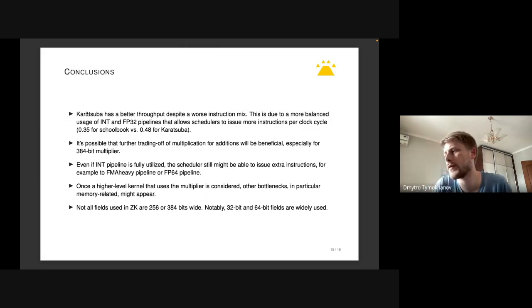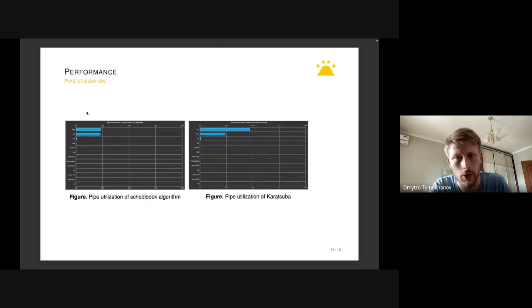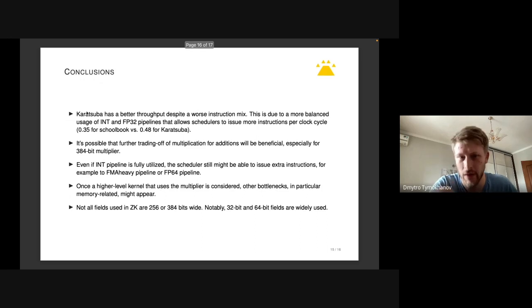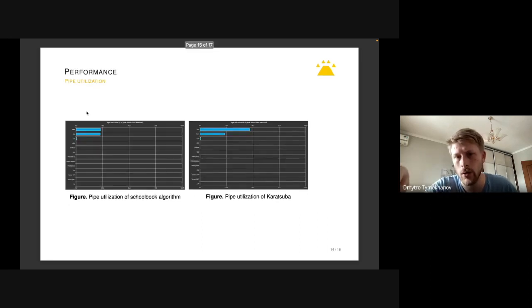So I would like to conclude with this idea that we probably are still underutilizing the ALU pipeline by basically 50%. We can maybe add more additions without really changing the throughput, because both the scheduler and the ALU pipeline are still underused.